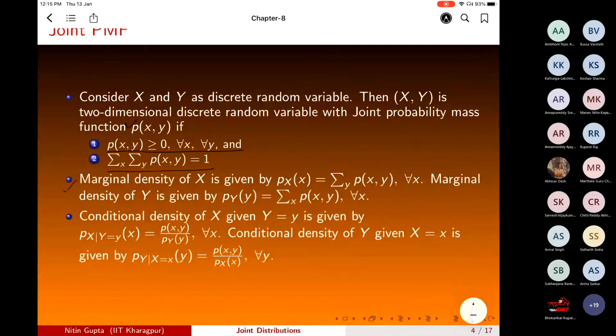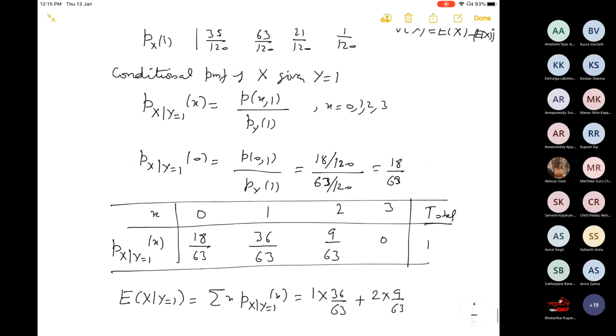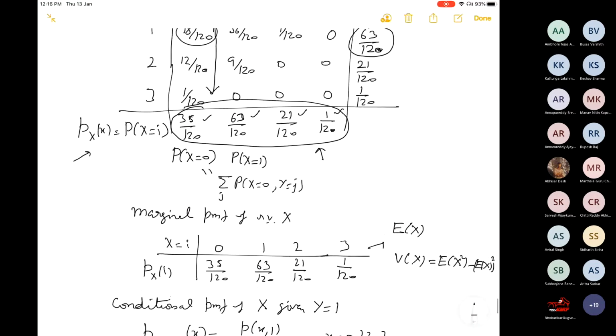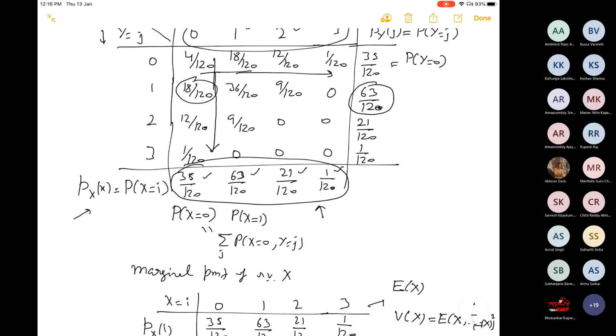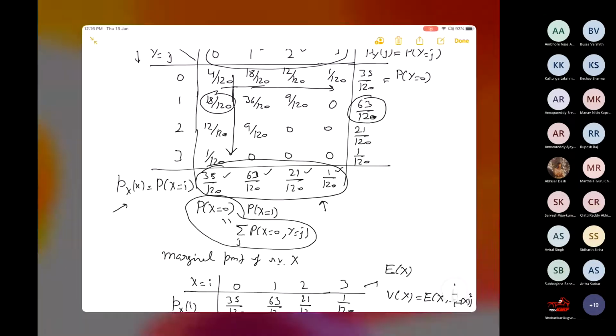The marginal density of x is summing the joint over y, and the marginal density of y is summing the joint over x. Same thing we are doing, using the theorem of total probability. If I want to find the probability x is equal to i, then this is summing over j the probability x is equal to i, y is equal to j.